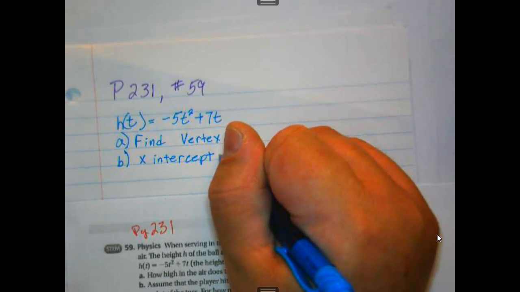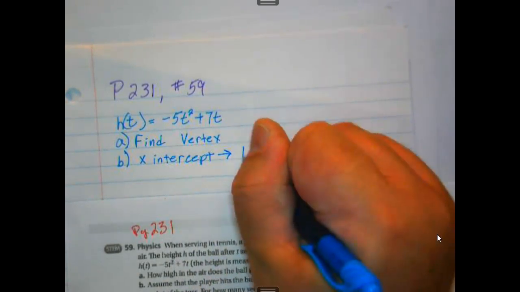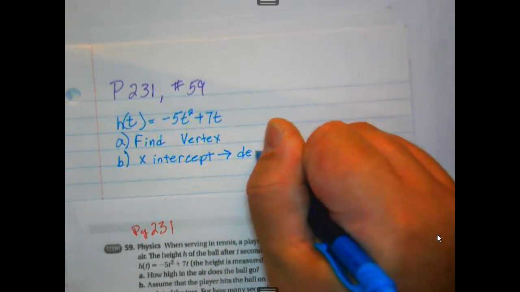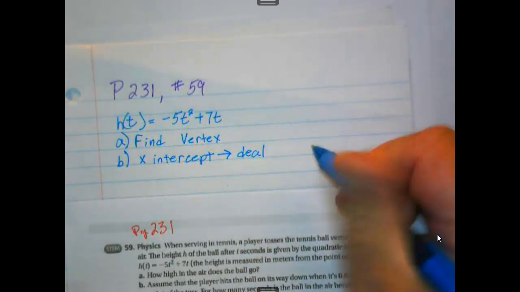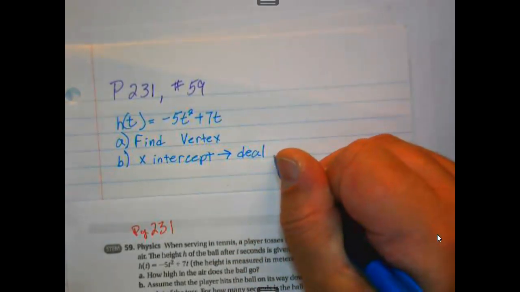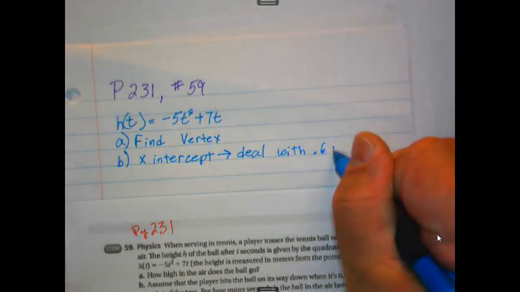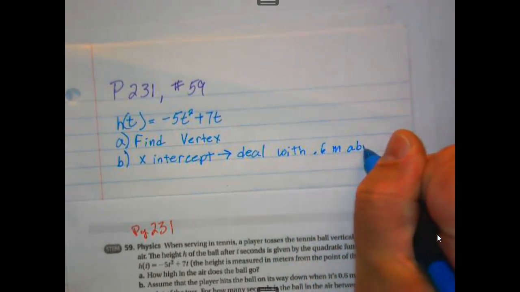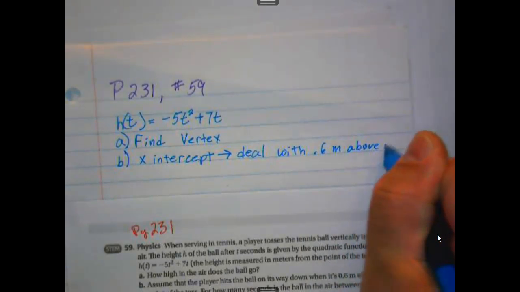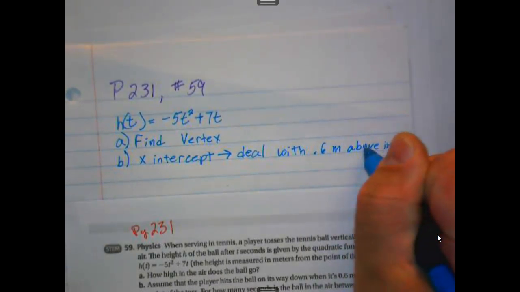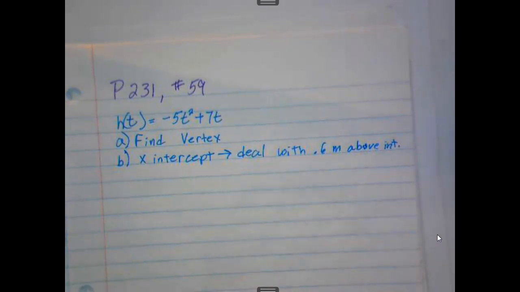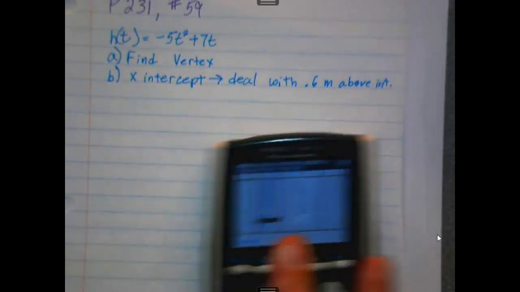Now, we do have to deal with that 0.6 meters above the intercept. Okay, so we'll have to deal with that when we get to it. So A, find the vertex. Well, we know how to do that easily.